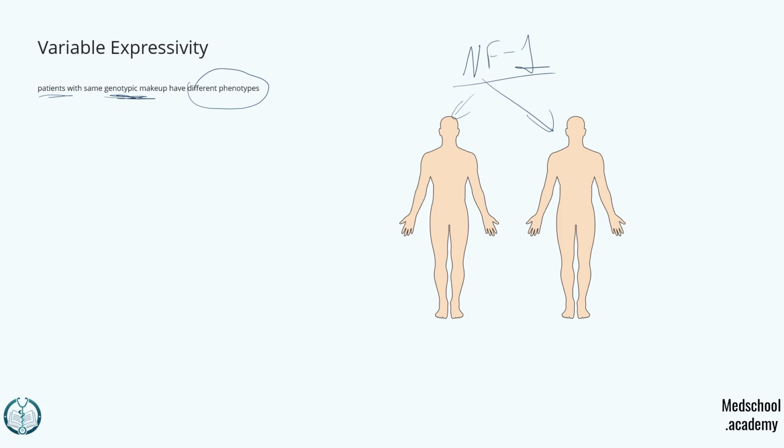But variable expressivity tells us that this patient, for example, will show with cafe au lait spots, and he might have neurofibromas. But this patient might have Lisch nodules and freckling. So the point is they have the same mutation, but they're showing different symptoms, different phenotypes.